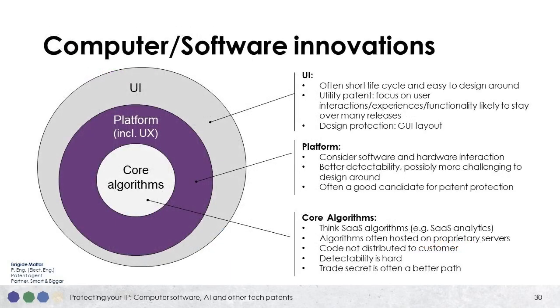In the image that you see here, I've illustrated the different layers of a software system. So typically, you're going to have what we refer to as core algorithms. So these would be really the AI technology, the AI algorithms. You could think of something that could be, for example, positioned on the cloud, where you really have your hardcore algorithms. Typically, you would not be selling those to the customer, but rather providing them, for example, as a software as a service type license.